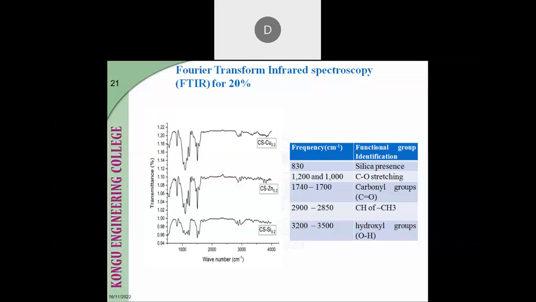And also these results indicated that the activation process was successful, and that the carbon preserves some higher functional groups like C double bond O. This was found by a previous author.